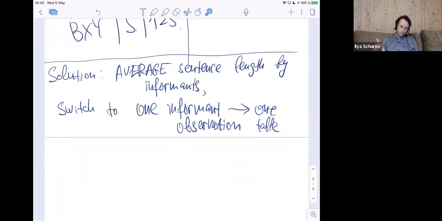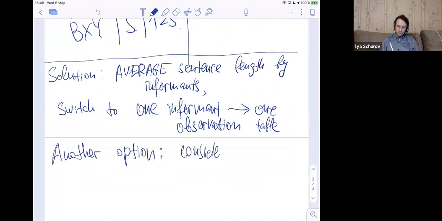So, another option: consider a random effect model.